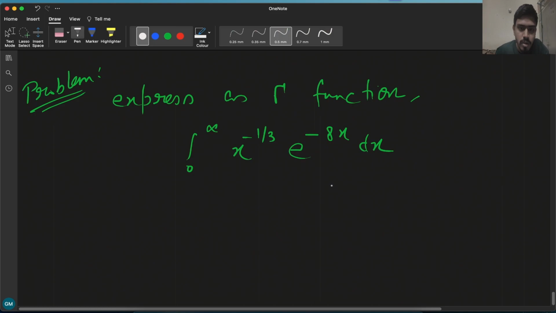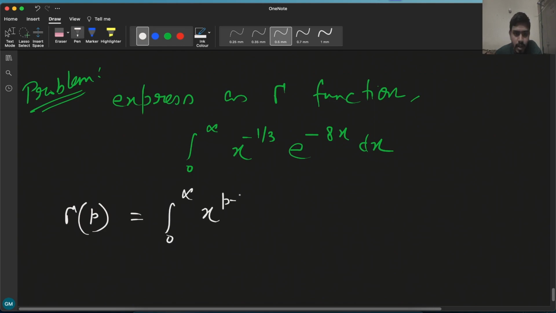So what do we do? Let me write down the definition of gamma function again, which is integration from 0 to infinity of x to the power p minus 1 e to the power minus x dx.